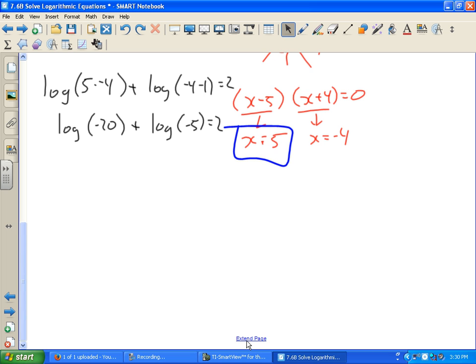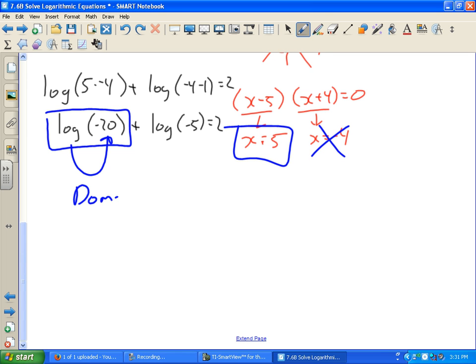Yes, you did get the answer of x equals negative 4. And that is a possible solution. However, when we graphed our logs, we had a domain restriction. We had a vertical asymptote at x equals 0. And I told you when we had those things, x can never be less than 0.